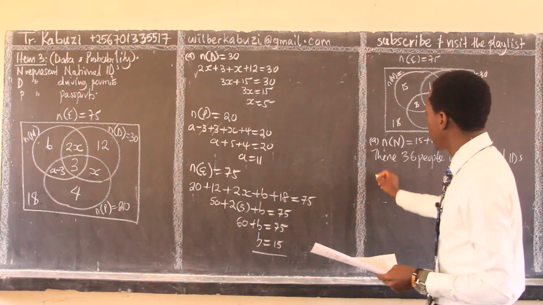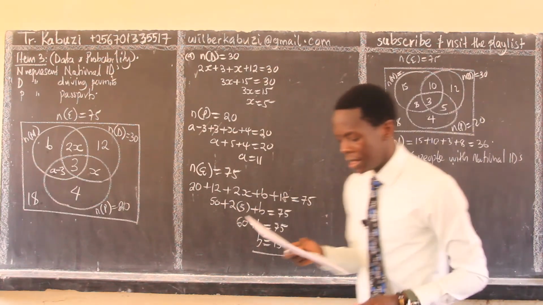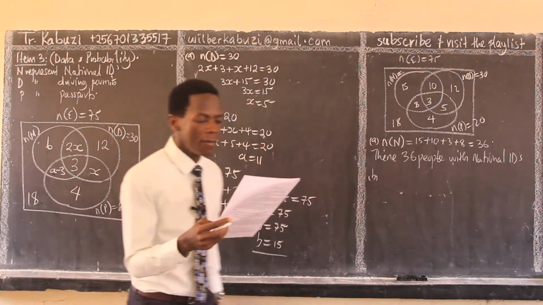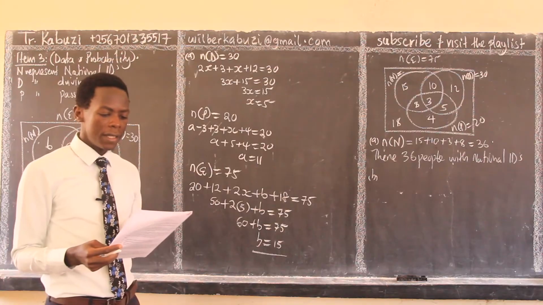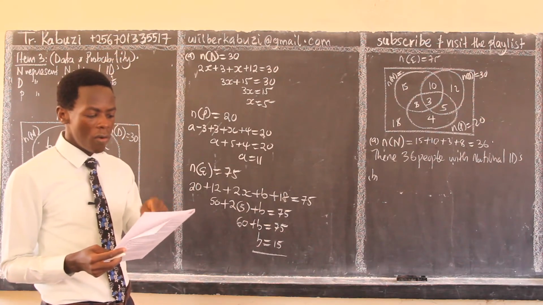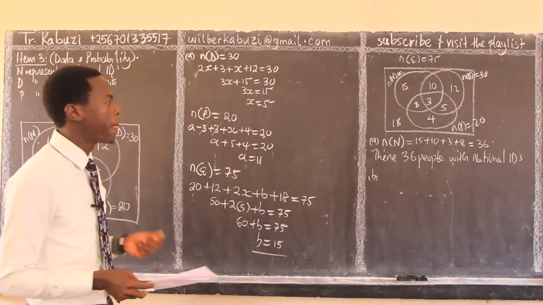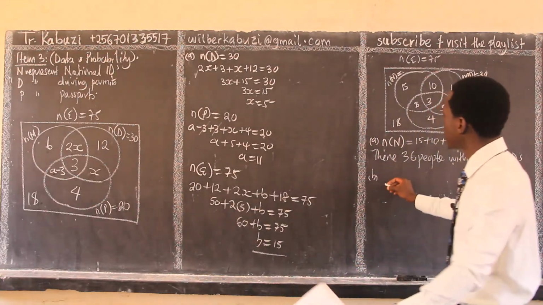So part B, determine if there is a need for a new office in the region, give a reason for your answer. Now they told us that they are going to have new offices if the probability of a person having only one document is less than 50. So we first come and get people with only one document.